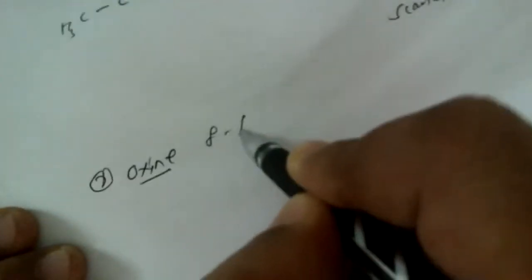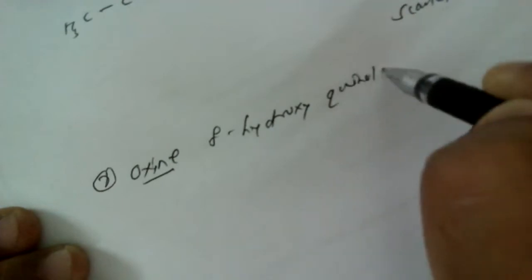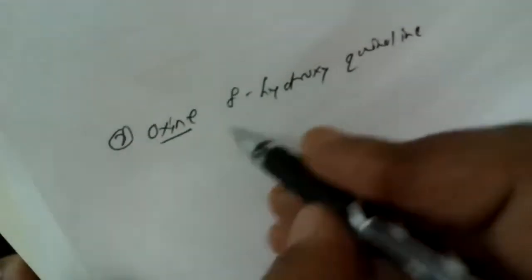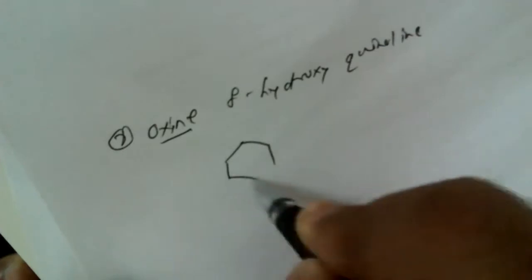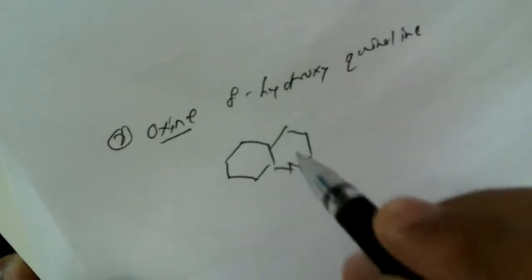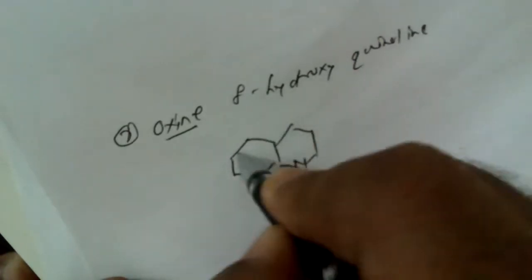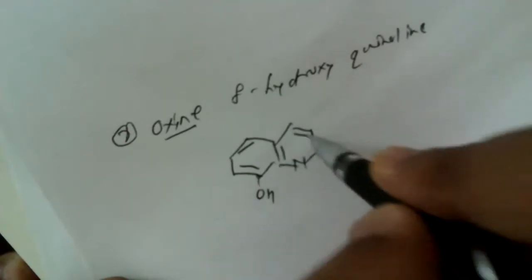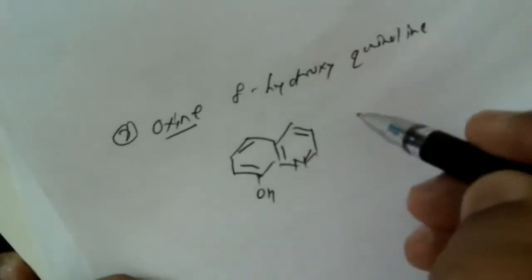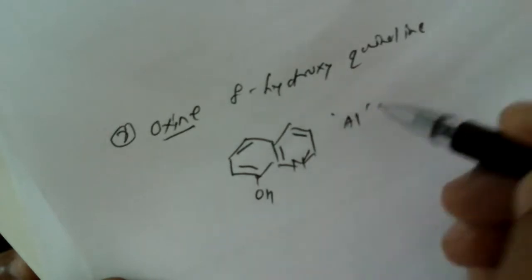The second organic reagent is known as oxine, which is 8-hydroxyquinoline. 8-hydroxyquinoline has the structure like this. This is the hydroxyl group. This is known as oxine, which is particularly used to detect aluminum.